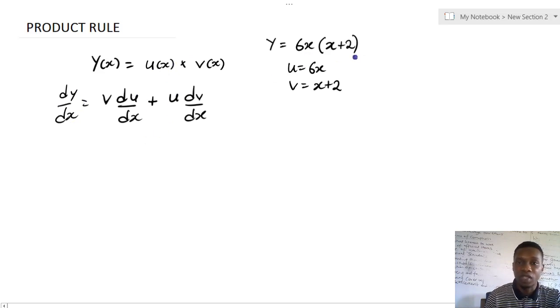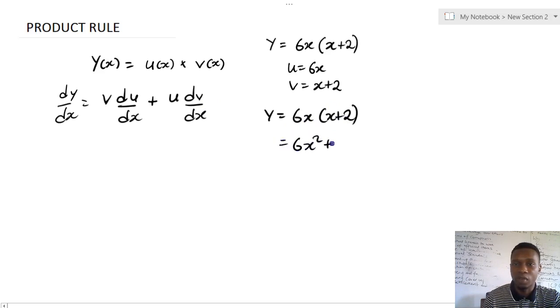First of all, let us treat this example. If y is equal to 6x (x plus 2), let's first solve this without using the formula. I can open the bracket and have 6x squared plus 12x.